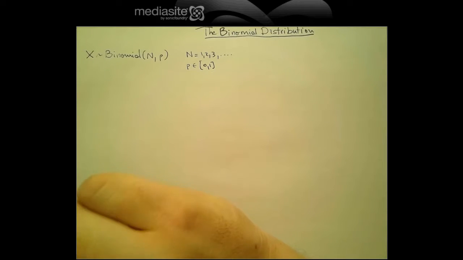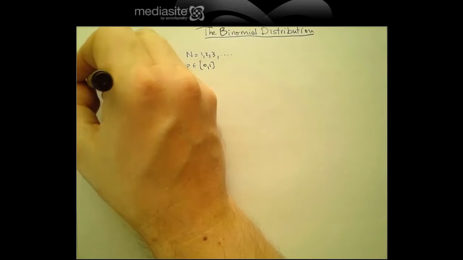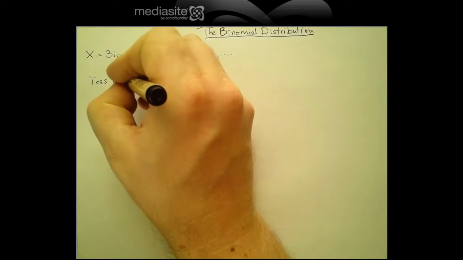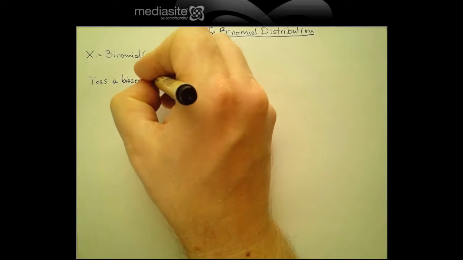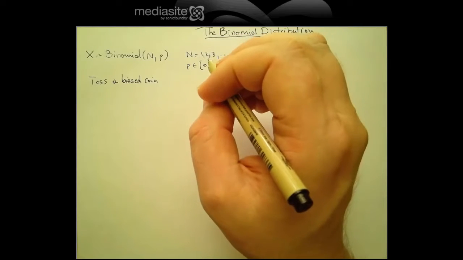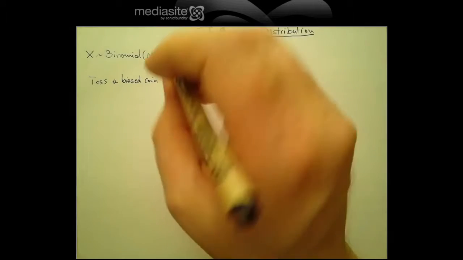A typical way of talking about the binomial distribution is in terms of coin tossing. So you want to toss a coin which is biased, so a biased coin that has a probability p of turning up heads.